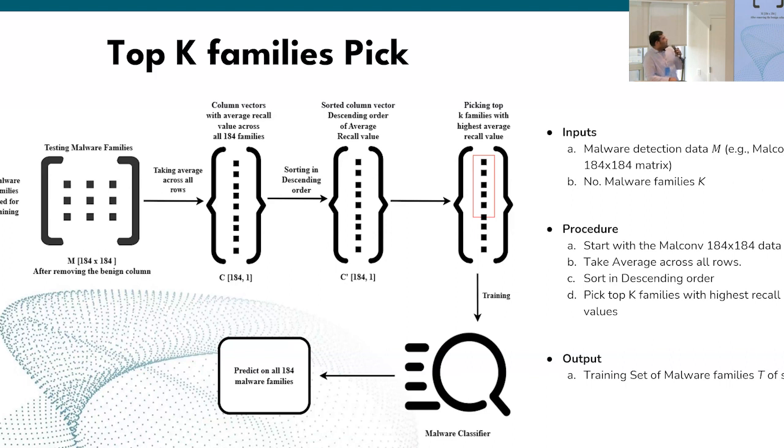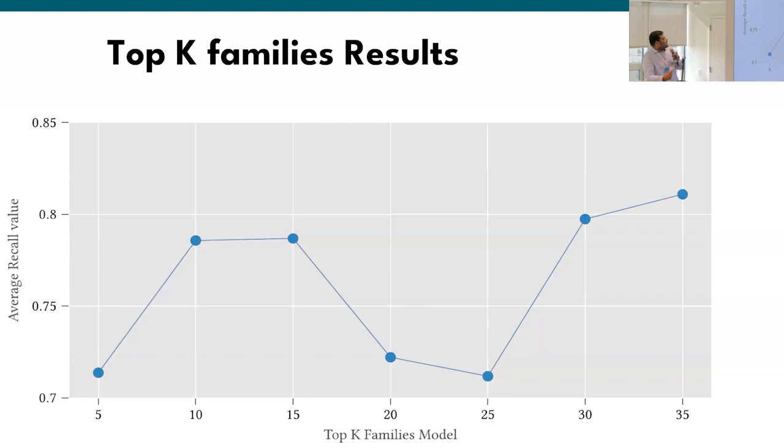So we basically average across all the rows in the matrix, sort it in descending order, pick out the top K families, train the malware classifiers on the top K families, and use them to predict on all 184 malware families and see how that works. We used K for top 5, 10 till 35. And this is the result.